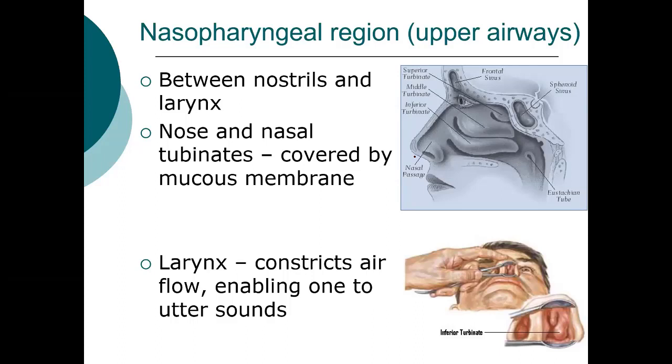It includes what are referred to as the nasal turbinates. Later on we'll talk about air scrubbers. These are mucus tissue that's covered with mucous membrane, and it transfers energy and water vapor.